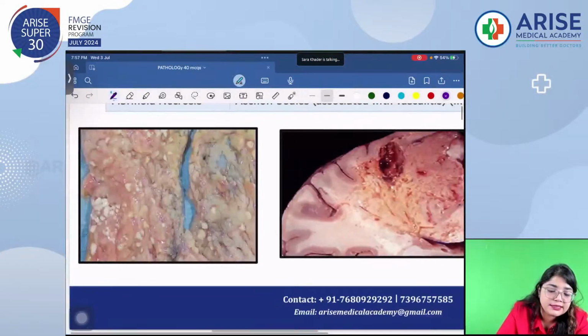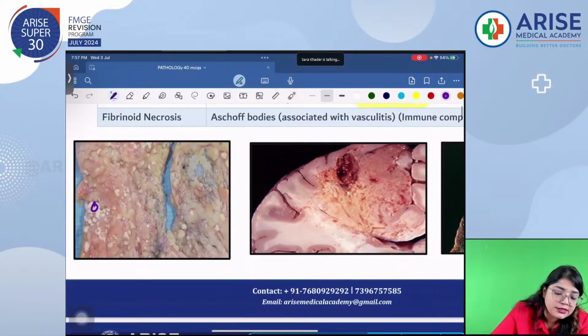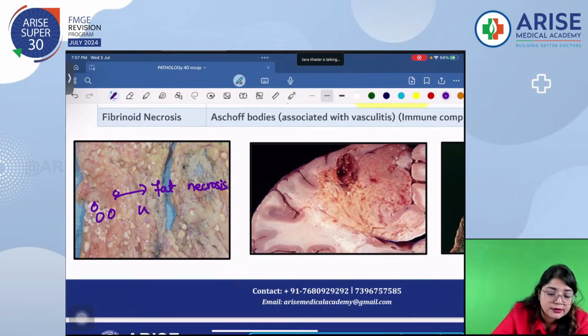Now, what is this? You can see the chalky white deposits. This is seen in fat necrosis.